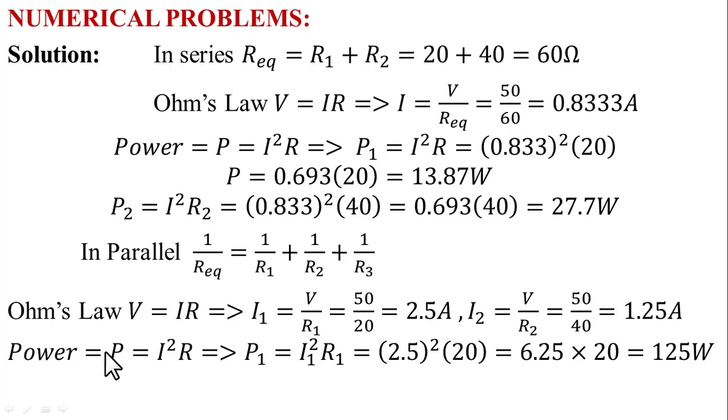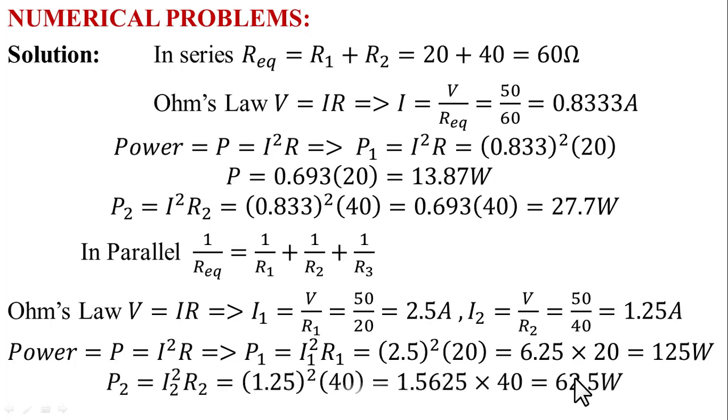According to the formula, P is equal to I square R. This implies that P1 is equal to I1 square multiplied by R1, that is equal to 2.5 whole square multiplied by 20. 2.5 square is 6.25. 6.25 multiplied by 20. So power P1 is equal to 125 watt.